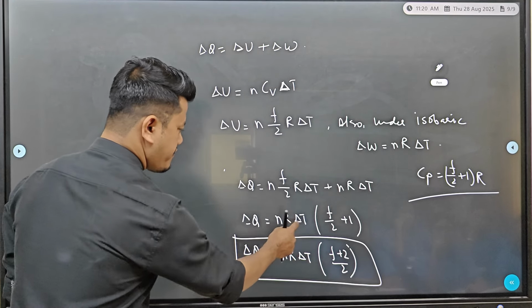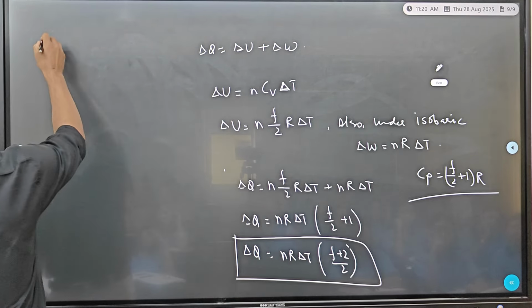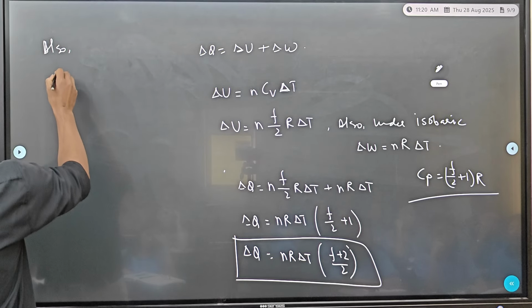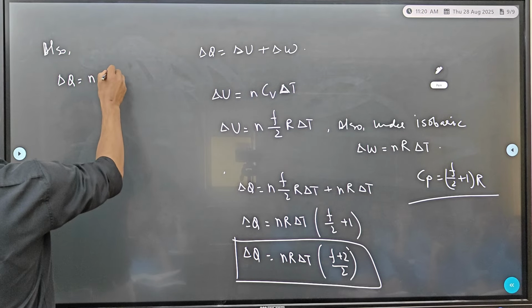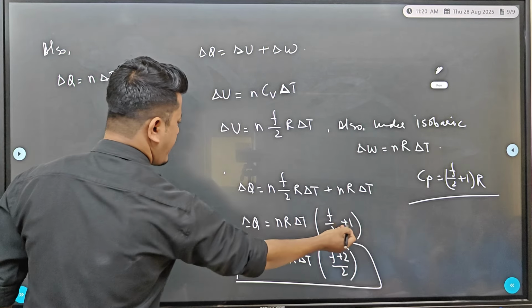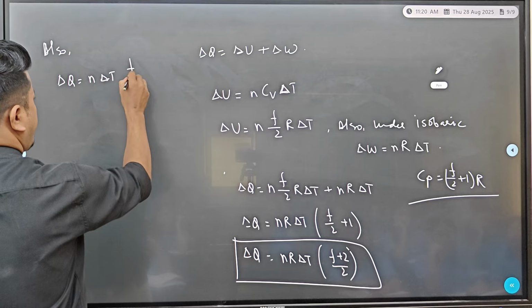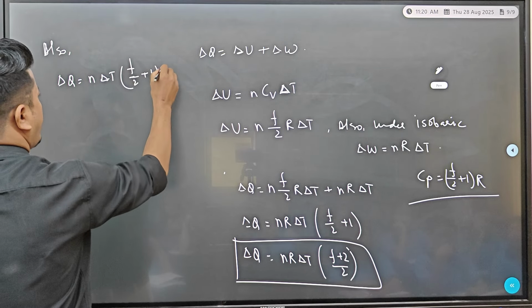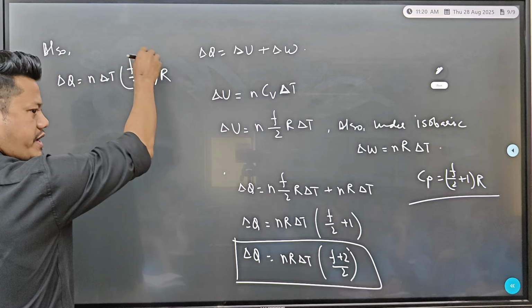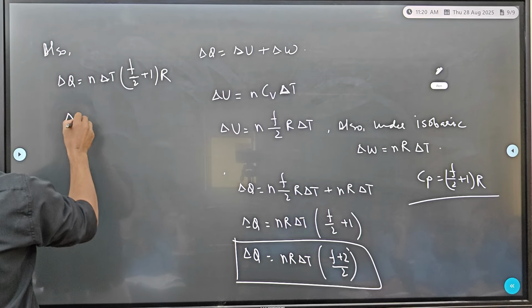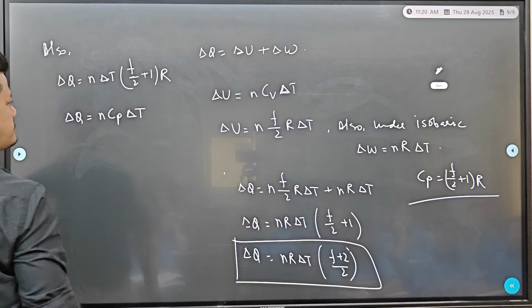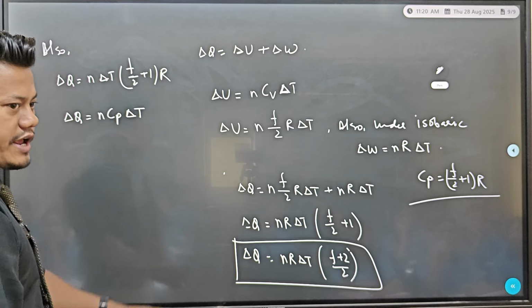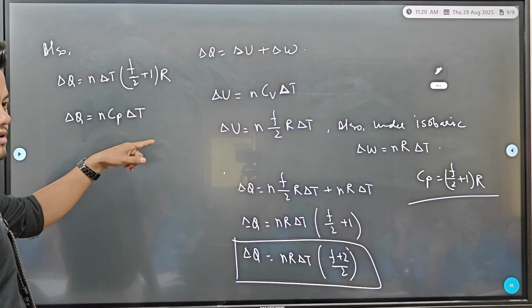So in place of this expression also I can write here del Q equal to n del T. If I take R, F by 2 plus 1 into R, then in place of this term can I write Cp? So ultimately I got del Q is equal to n Cp del T. Understood or not?